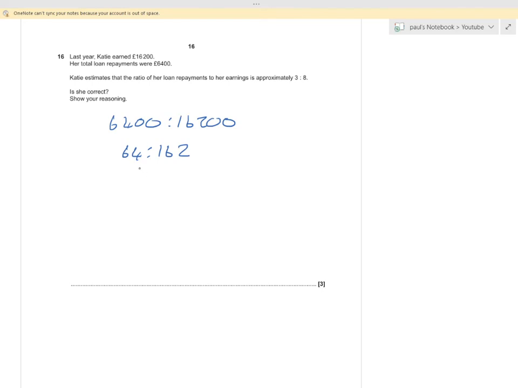If I divide, what can we do? It's approximately, so maybe we can lose the 2.